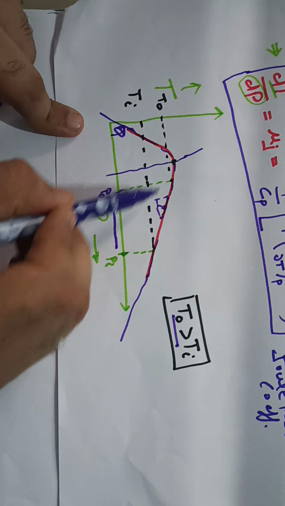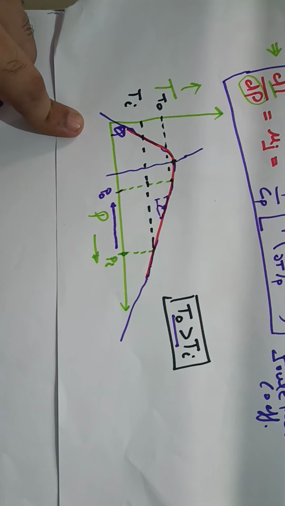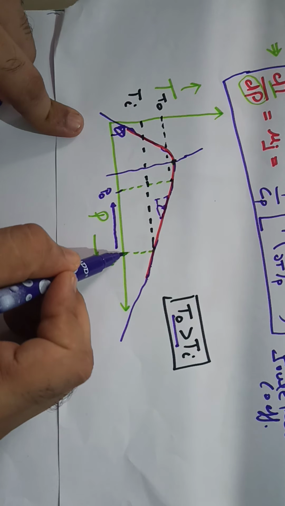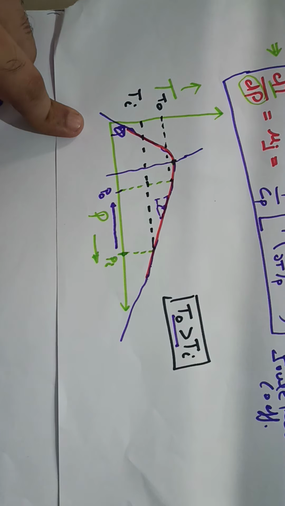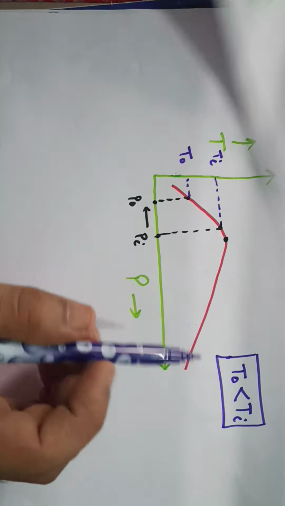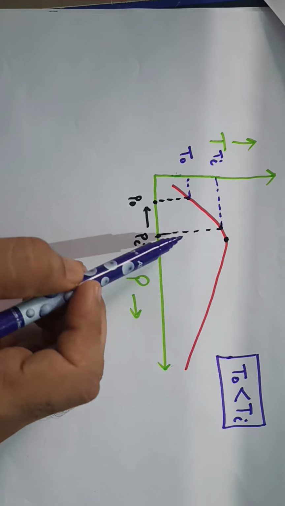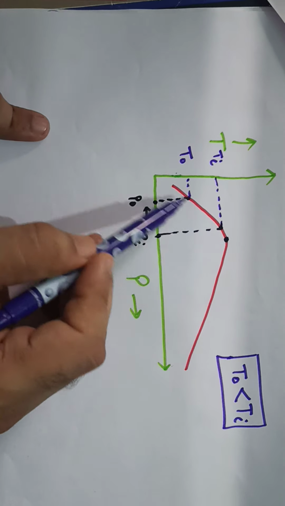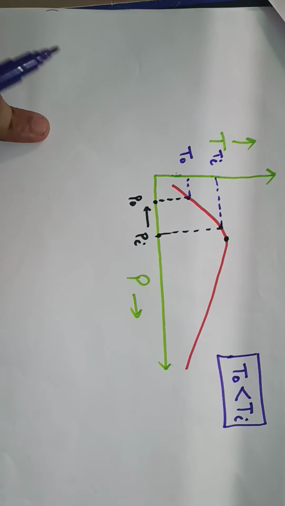So this point of the curve has negative slope, and this point has positive slope. If the initial conditions are on the negative slope side, then for the throttling process the value of temperature will increase, and on the other side, if the initial conditions are on the positive slope side, the value of temperature will decrease.